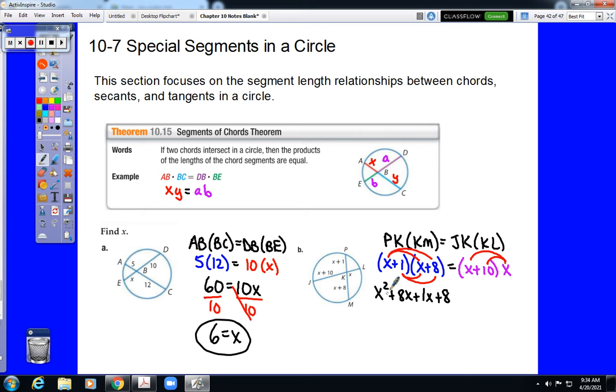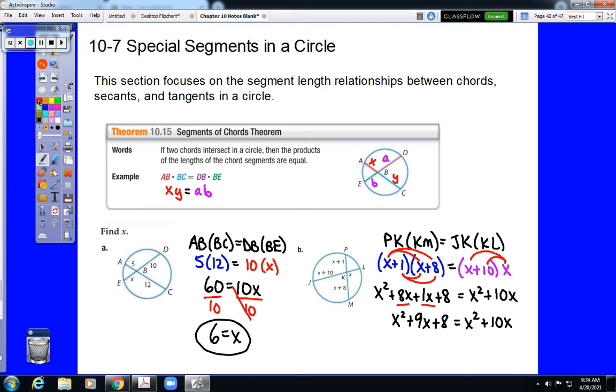That's our foiling, first, outer, inner, last, equals X squared plus 10X. We distribute that X. Now we do have some like terms to combine there, so we do combine 8X and 1X together in our next step, which gives us X squared plus 9X plus 8 equals X squared plus 10X.